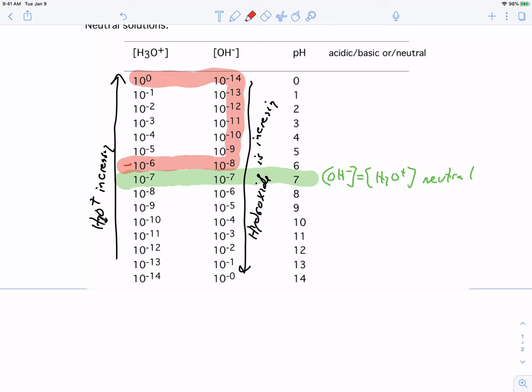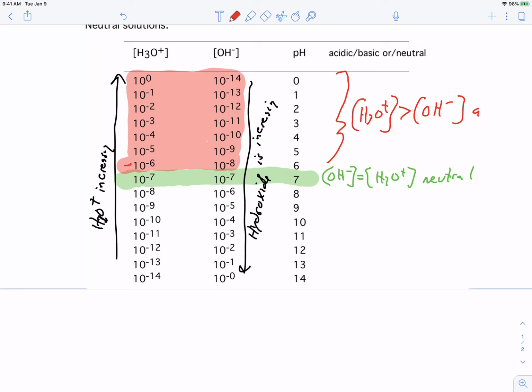But you'll notice above 10 to the minus 7, in all of these, the hydronium is greater than the hydroxide. So these are all acidic. A pH less than 7 is acidic.